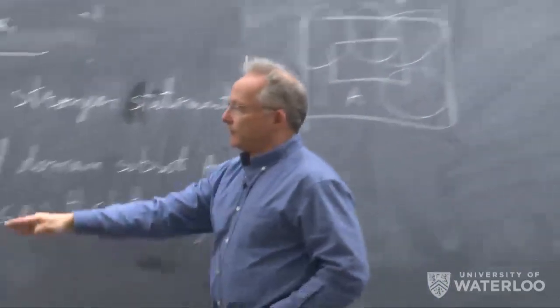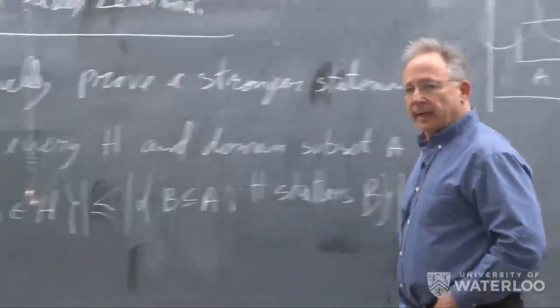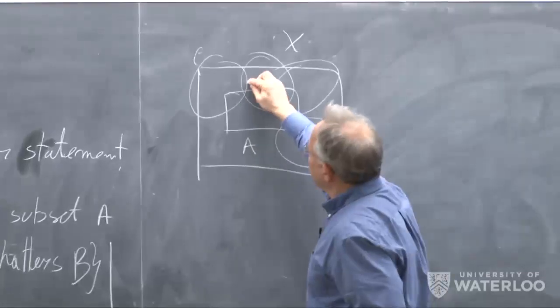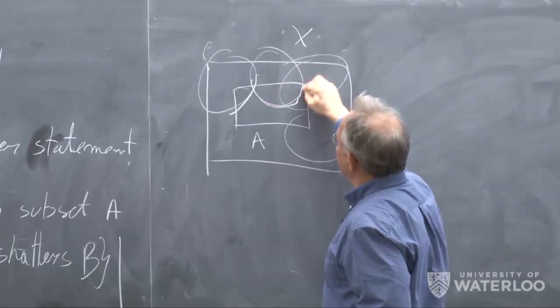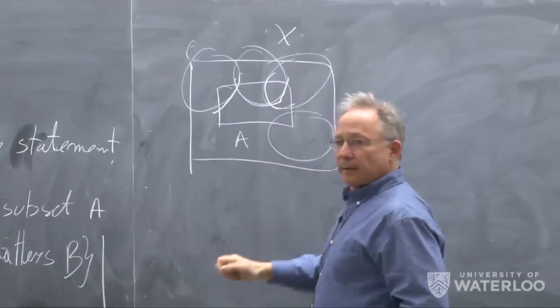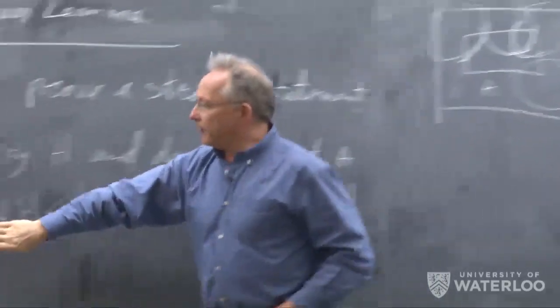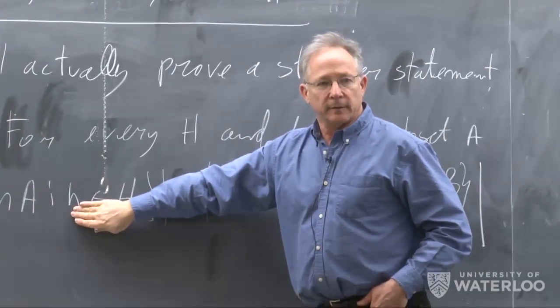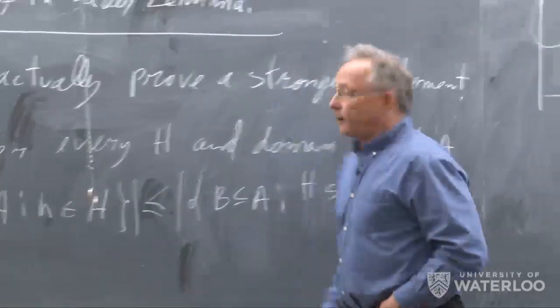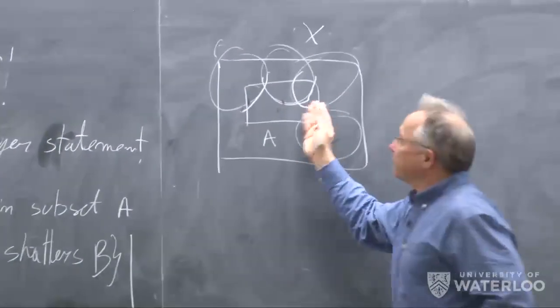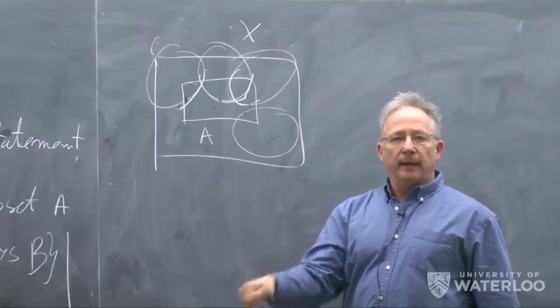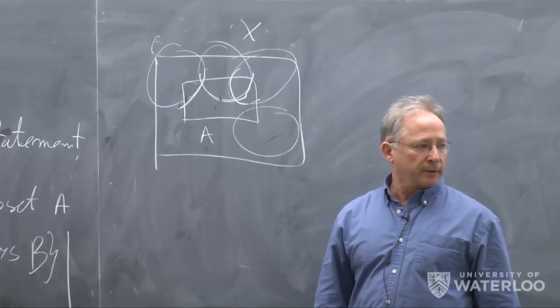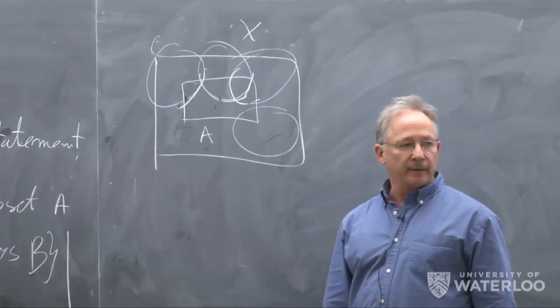What do we have on this side? On this side, I look at the set A and ask how many pieces of A can we cut by putting a cookie cutter from H. So I'm asking how many pieces of A can we cut with a cookie cutter coming from H. Okay, that's the left-hand side.